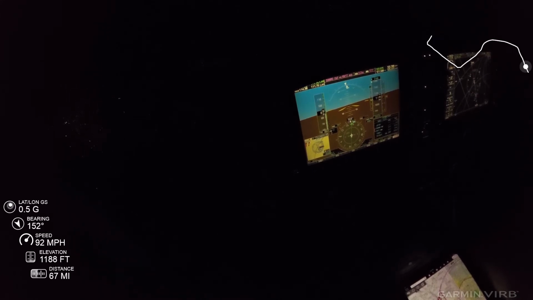Course, that's good. Glide slope is good. Glide slope is below us. Glide slope is below us.